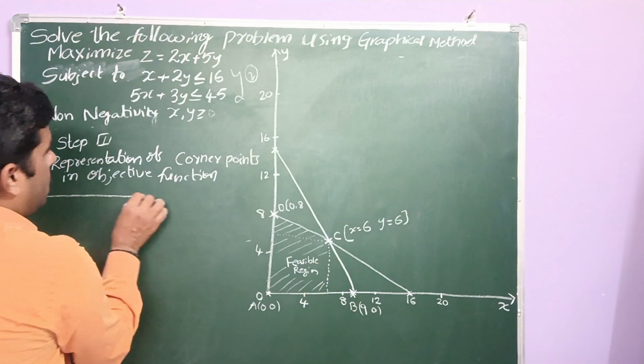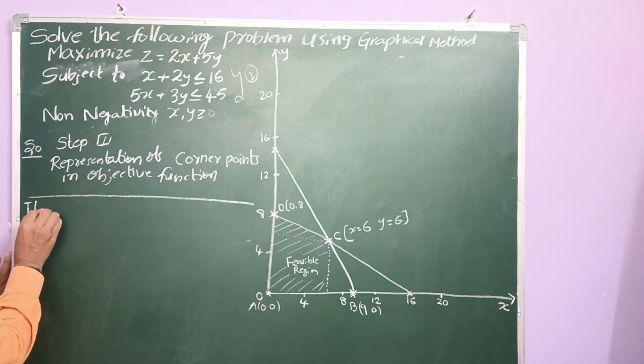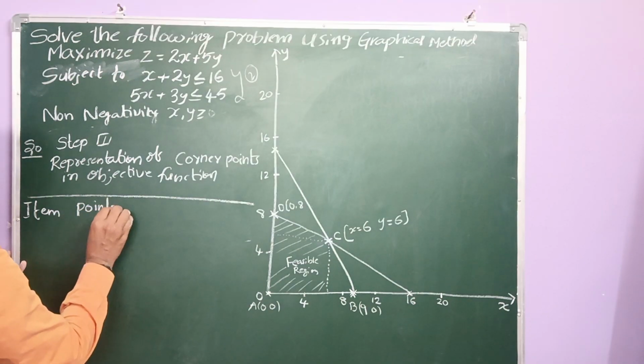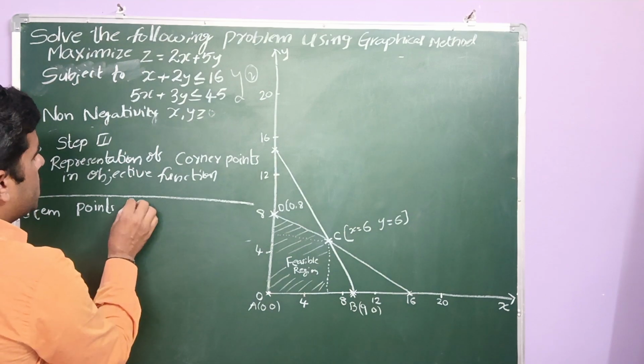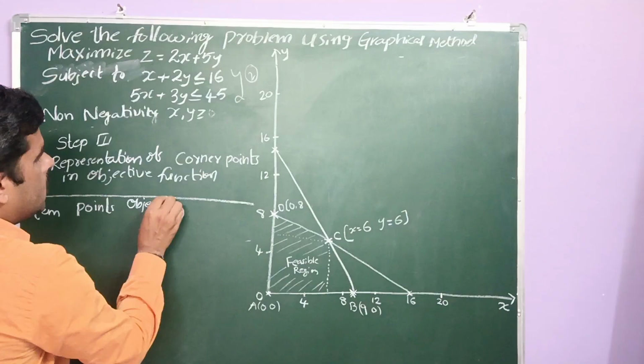Here we need to remember 5 columns. The first column is item, then the second column is points. The points are x points and y points. Then the third one is the objective function. What is our objective function?